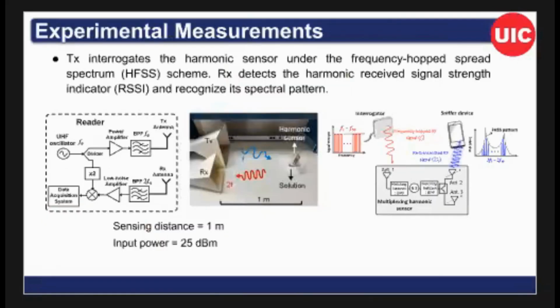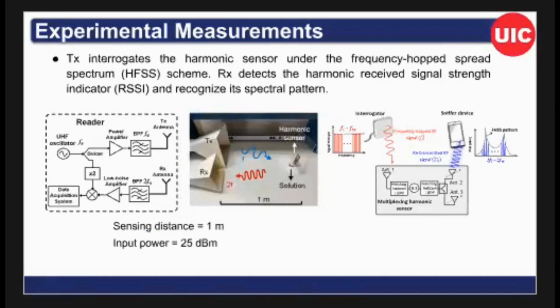Then my student did some work with a horn antenna to interrogate the harmonic sensor in an indoor environment. Here we use a different technique. We use a frequency-hopping spread spectrum, FHSS, technique, which is comparable to the RFID C1 Gen 2 protocol.